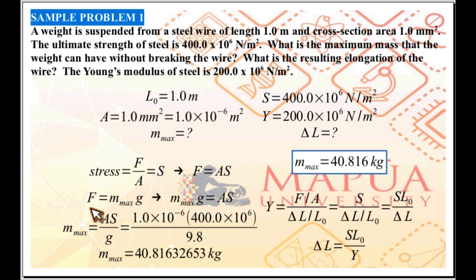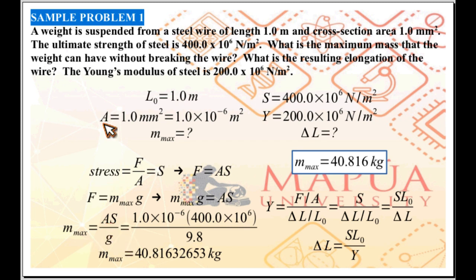So F is equal to m maximum times g. Replacing F by M maximum g, we have M maximum g is equal to A S. We are looking for the maximum mass of the suspended weight. So isolating M max, we have A S over g.